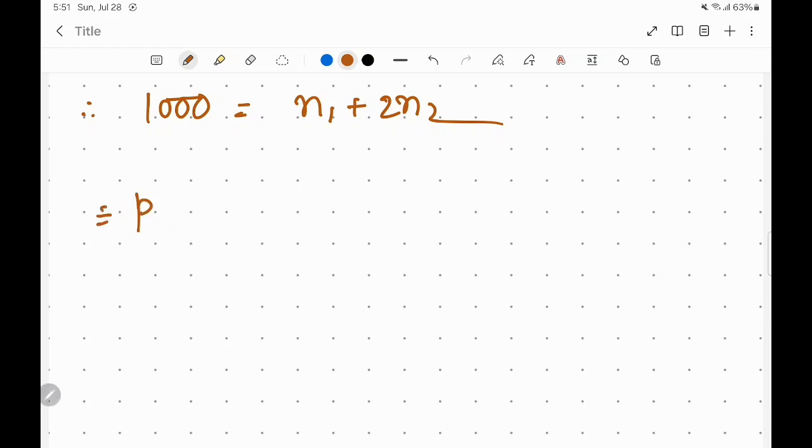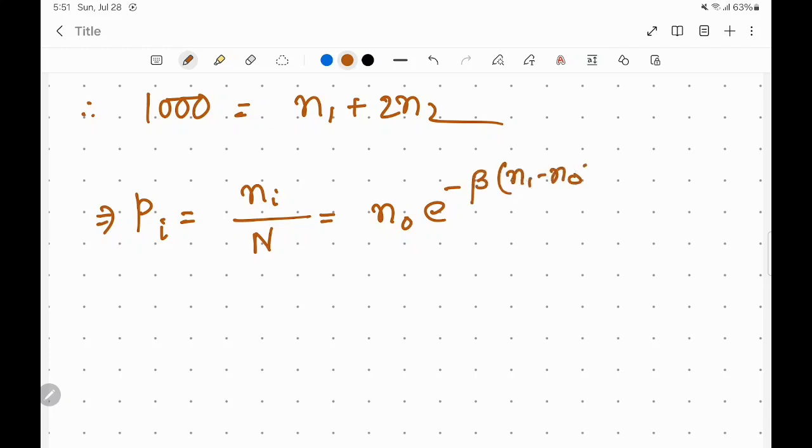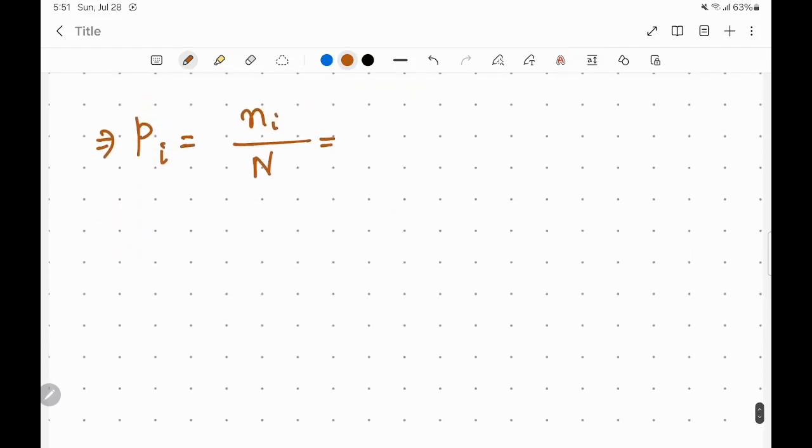We know that Pi, which is Ni by capital N, is the definition of probability in terms of the number of particles in the ith level and the total number of particles, capital N. But if you calculate in terms of energy, then what is the formula that we know? That is called the Boltzmann distribution.